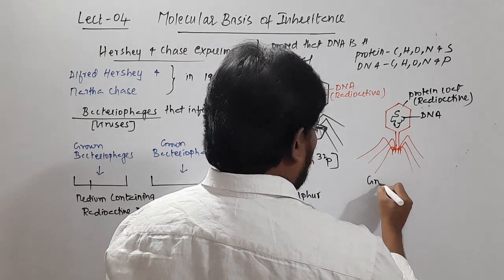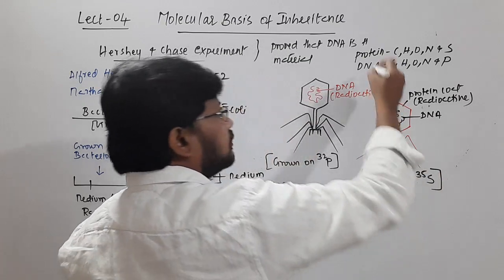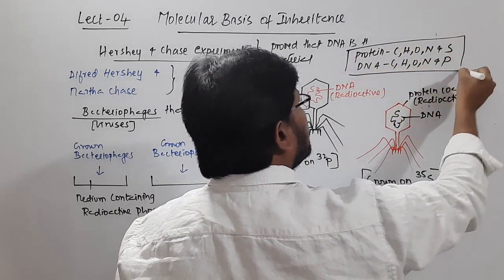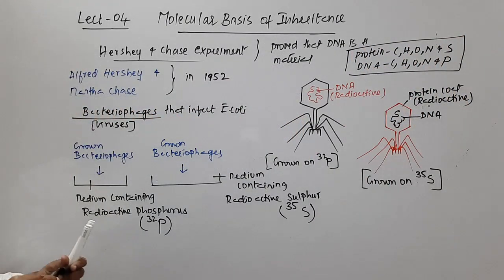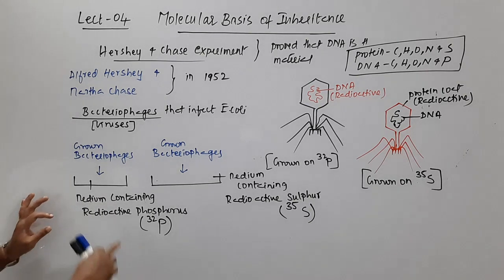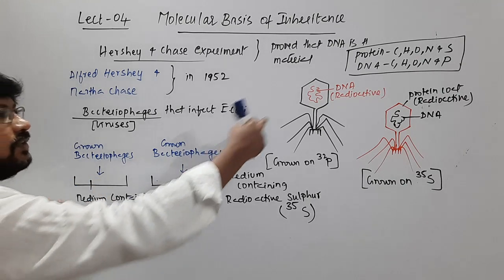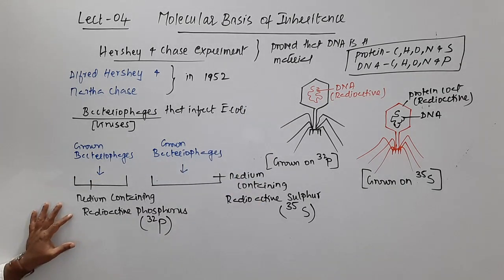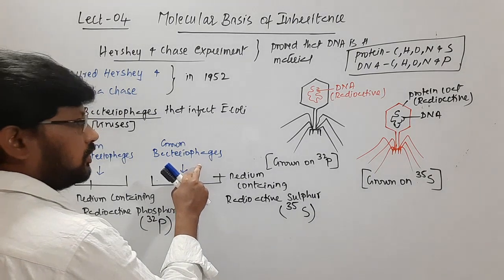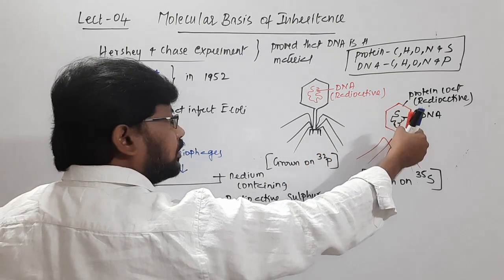I'll just mention here, grown on S35. So already I told you that you have to keep in mind that protein contains sulfur, whereas sulfur is not present in DNA, whereas DNA has phosphorus. Now when we grow the bacteriophages on medium containing radioactive phosphorus, the DNA will be radioactive, and the bacteriophages grown on medium containing radioactive sulfur will have a radioactive protein coat.